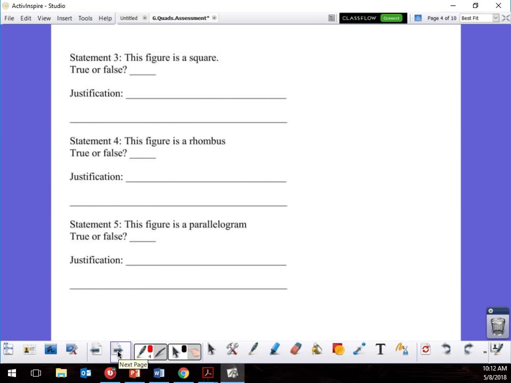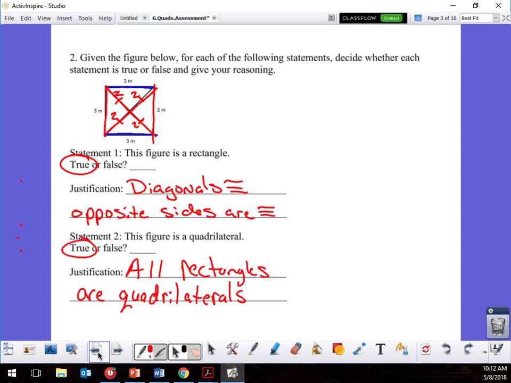So let's take a look at the third one. Is it a square? What are the properties of a square? 4 equal sides, 2 pairs of parallel sides. It also had a lot of the things that we had for rectangles, the same properties. Are diagonals congruent? Yes. Are opposite sides equal?